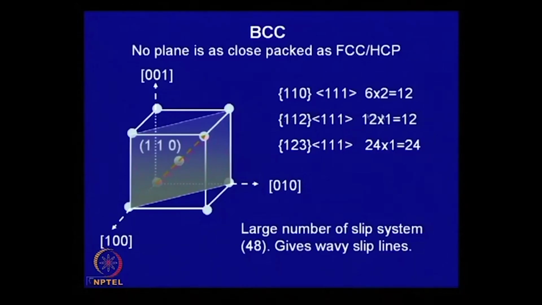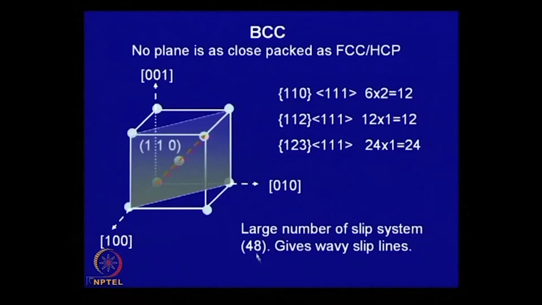So, you will have 12 slip systems of this type, and if the slip plane is 1 2 3 and slip direction is still 1 1 1, and you have 24 planes of 1 2 3 type, and therefore, you will have 24 slip systems of this type. So, you have a very large number of slip systems in case of BCC structure.